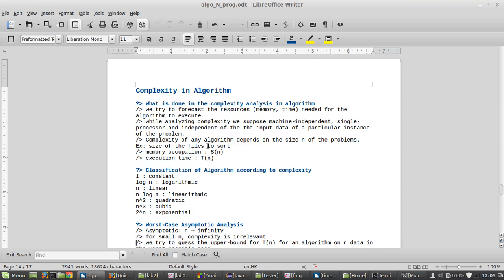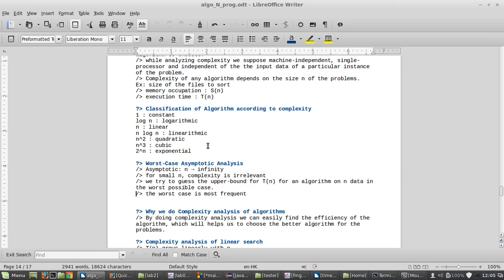All right. Now, worst case asymptotic analysis. What is this worst case asymptotic analysis? Before that, you have to understand one thing: asymptotic. What do you mean by asymptotic? That means a limit that is tending towards infinity.